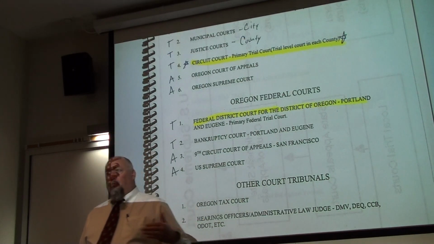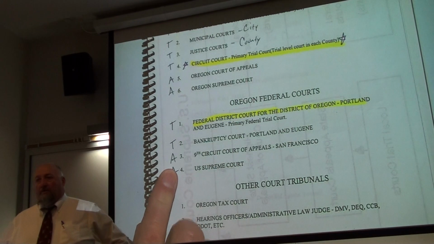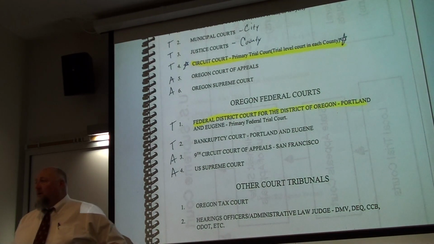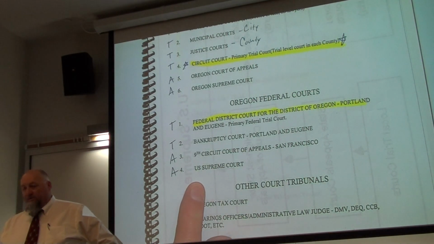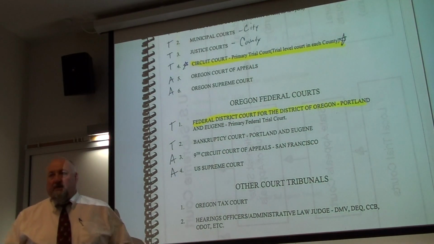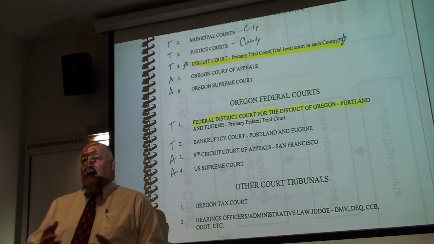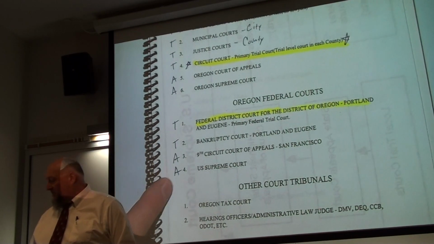But it is a trial court. And then from there, you would appeal. In Oregon, we're part of the Ninth Circuit, so you would appeal to the Ninth Circuit Court of Appeals in San Francisco. And then from there, you could appeal to the U.S. Supreme Court if they accepted your case, which is very unlikely, mathematically speaking at least. But that's just the progression.